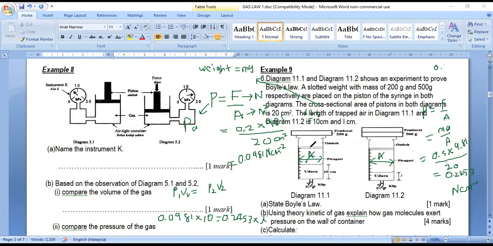So what you do is take 0.0981 times 10 divided by 0.2453. So you get around 4. So the L will be 4 cm.